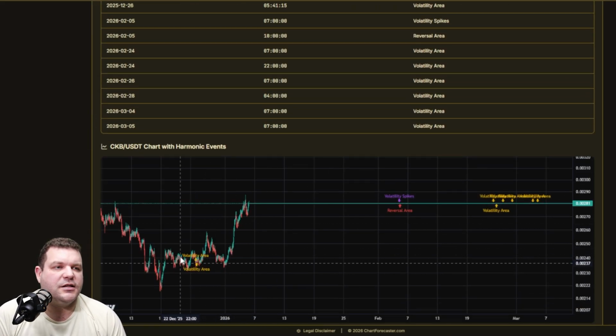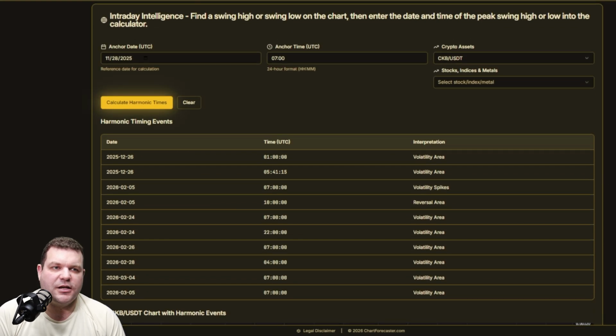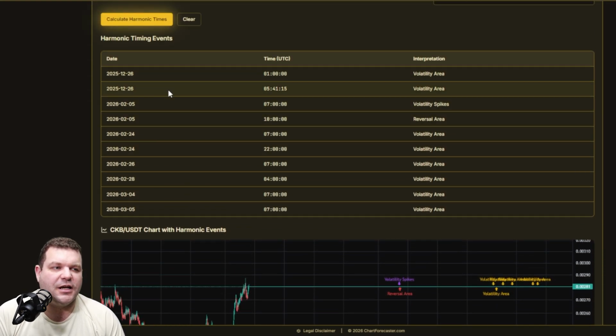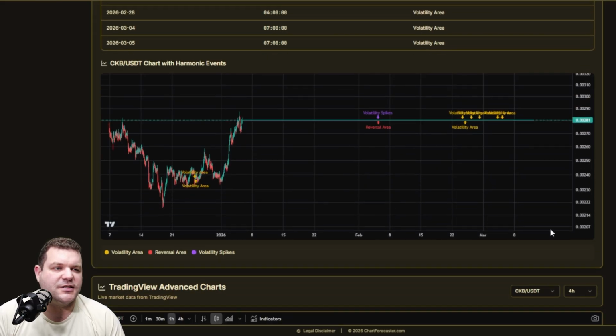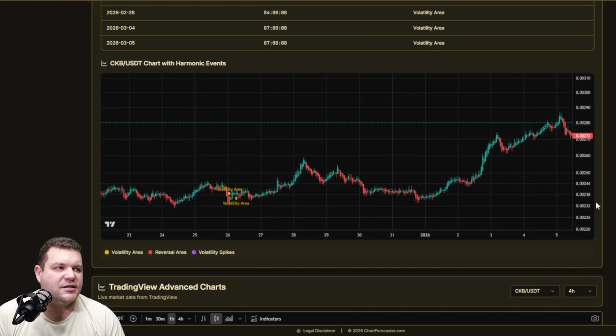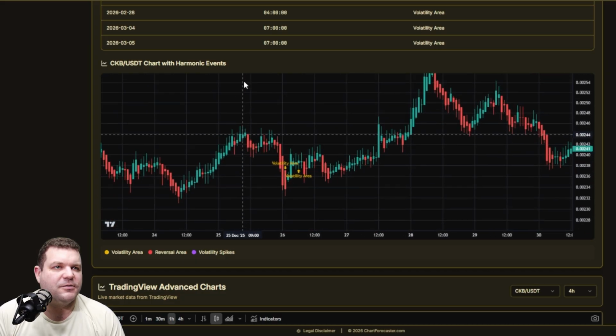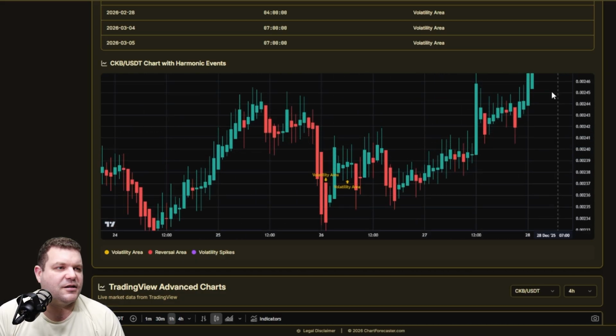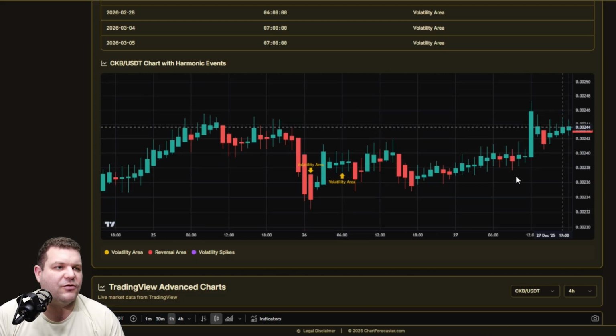So it did print some pretty crucial dates to be on the lookout for in the future. And this is more for longer term trading, things like that. And what's interesting about this is that it did print a couple volatility areas to really be on the watch out for.